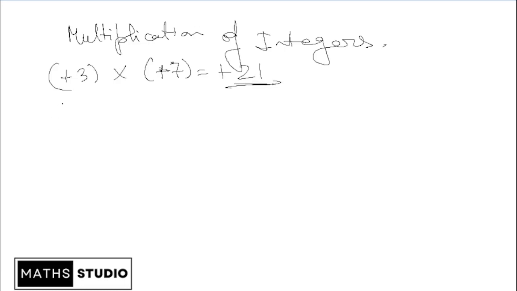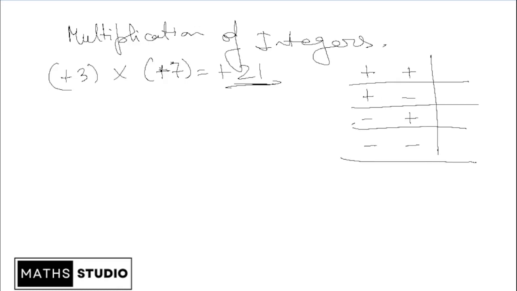Now in this case there could be four possibilities. The first number is positive, second is also positive. The first number is positive, second is negative. First number is negative, second number is positive, and both the numbers are negative. So let us see what would be the result of each one of them.